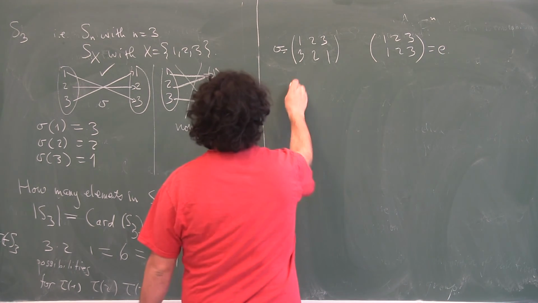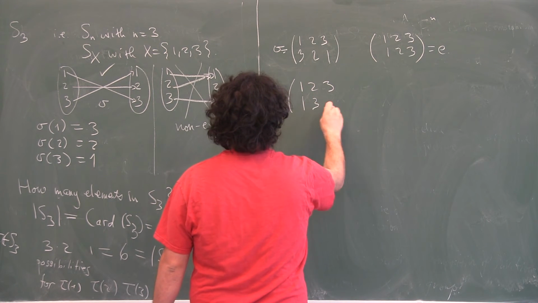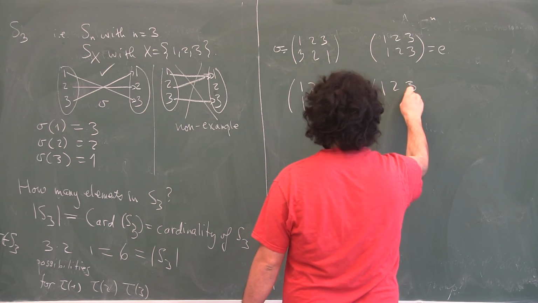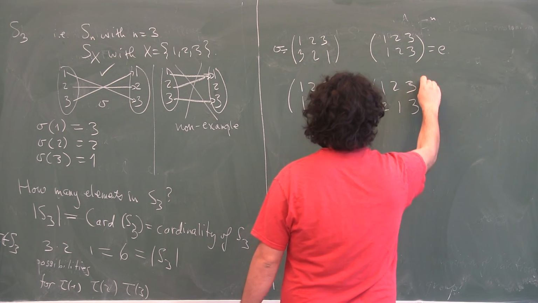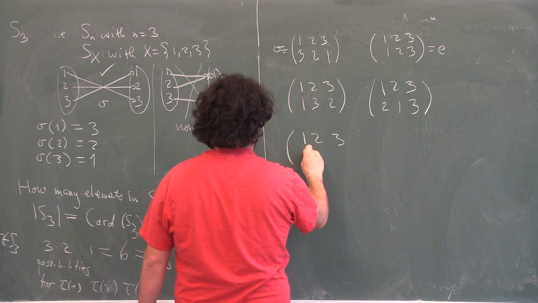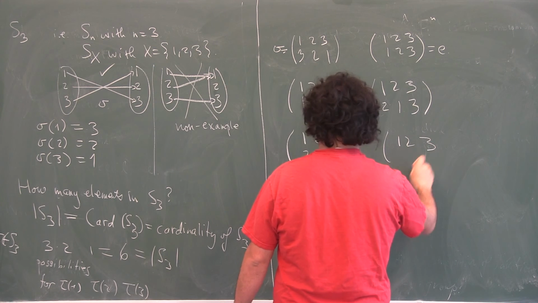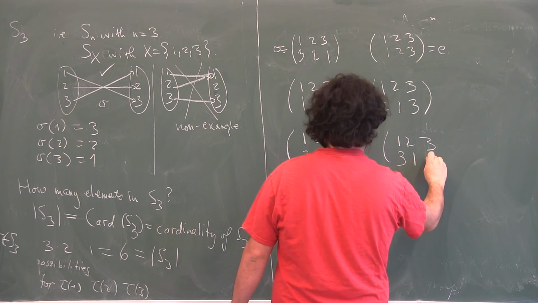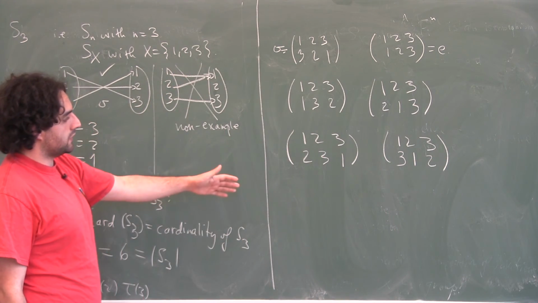And the other ones: 1, 2, 3 over 1, 3, 2; 1, 2, 3 over 2, 1, 3; 1, 2, 3 over 2, 3, 1; and 1, 2, 3 over 3, 1, 2. Okay? So here we have 6 elements.